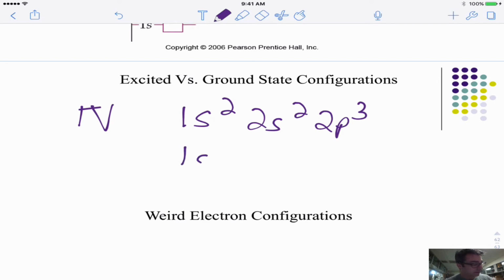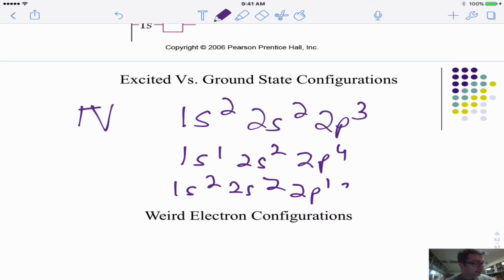And so I can make this something like 1s1, 2s2, 2p4. Or I can add a new level, 1s2, 2s2, 2p1, 3s1. These are excited. This is ground. So the last thing that I want to talk to you about is the weird electron configurations.